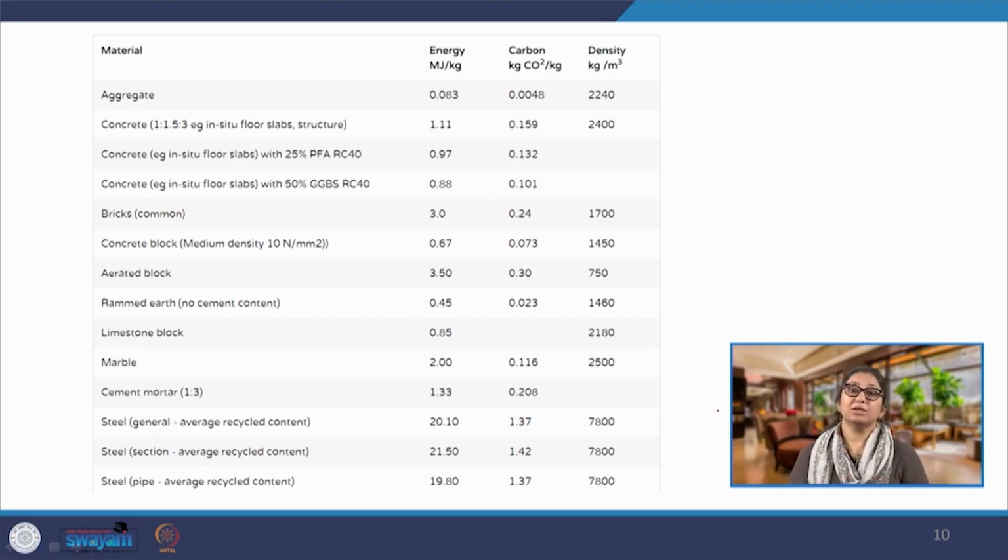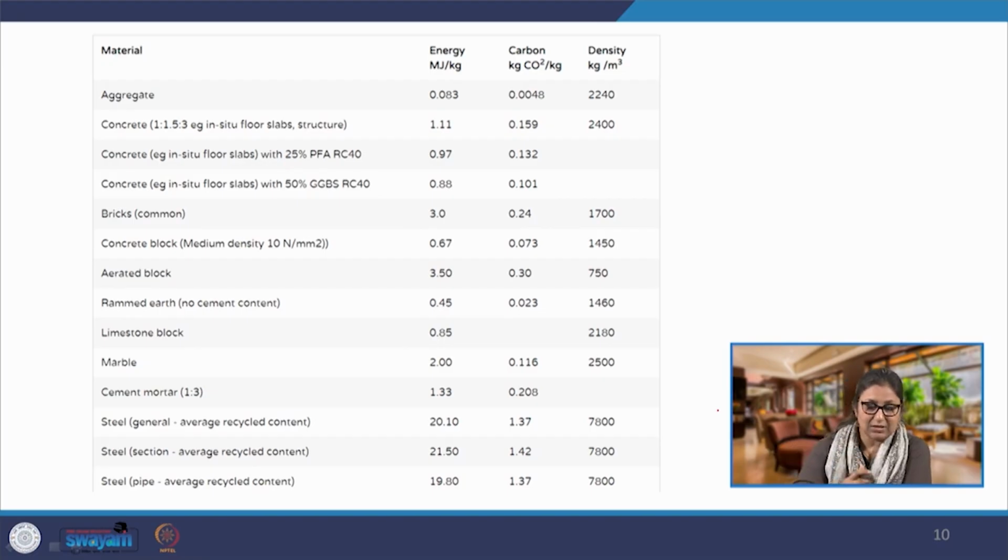The kind of fuel that we are using and the kind of fuel that is used elsewhere will bring about the difference. So, when we are looking at the overall GHG emission associated with a particular industrialized product or any other building material, we have to see where we are procuring the material from, and if there is a database that is available, we check for those numbers.